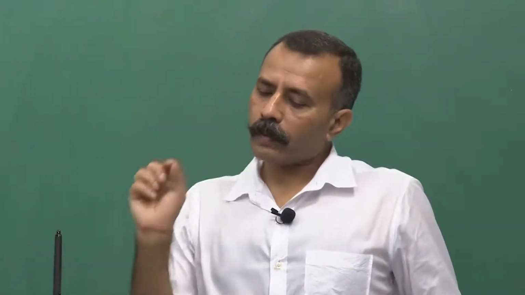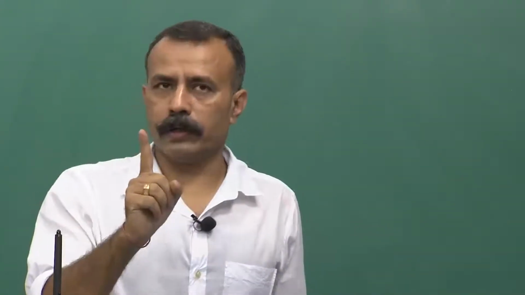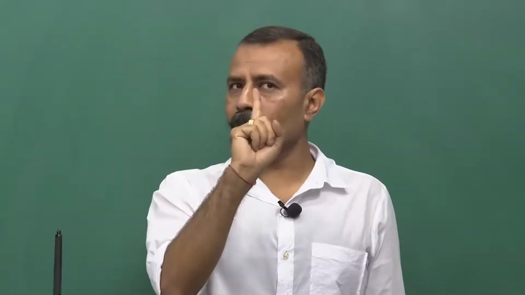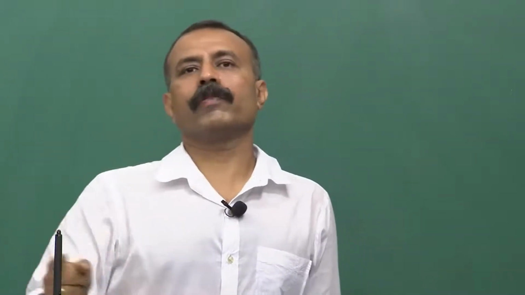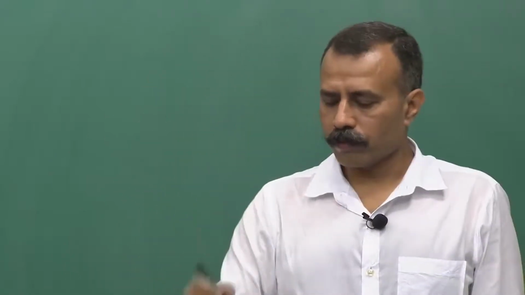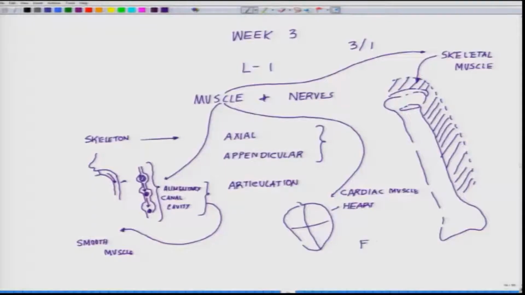So, the one common word which is emerging out of it is force and displacement. These are the common words, force and displacement. And when we talk about displacement, we talk about per unit area displacement.